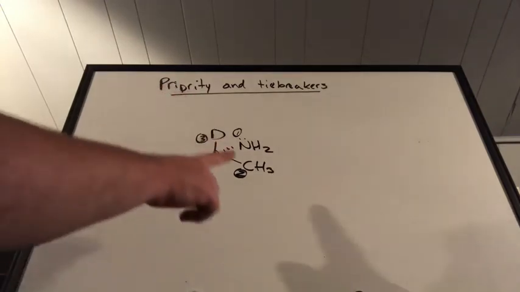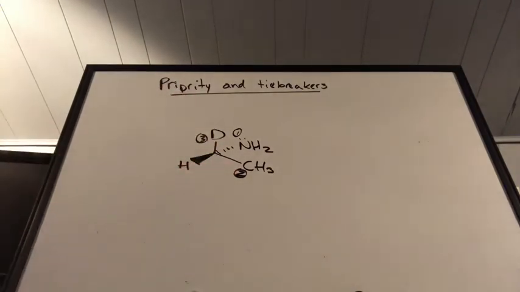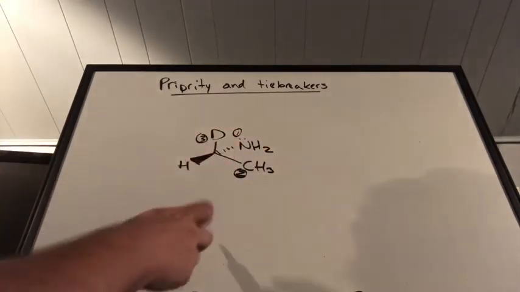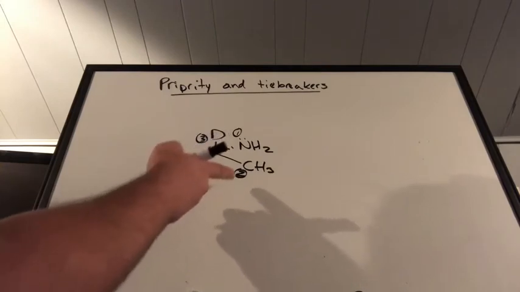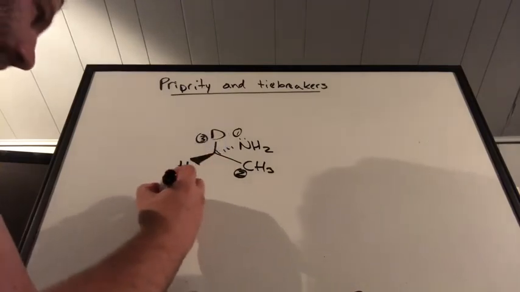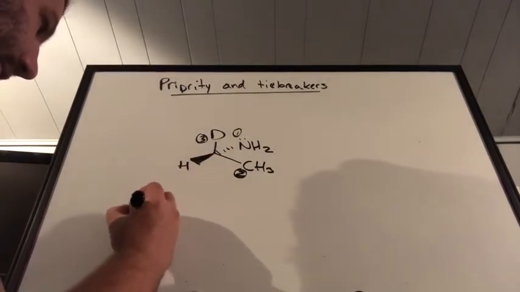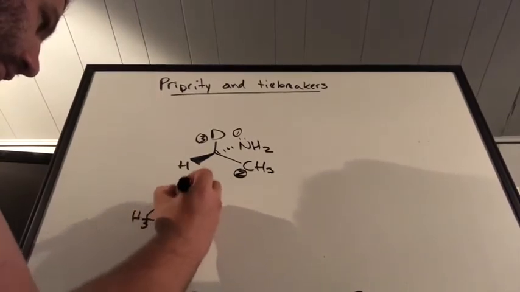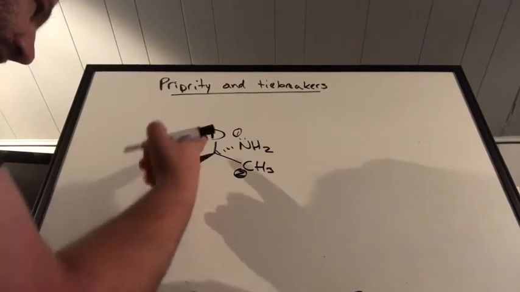So again, if we were to redraw this, let's say we twisted this however many degrees. So D still stays up there at the top.